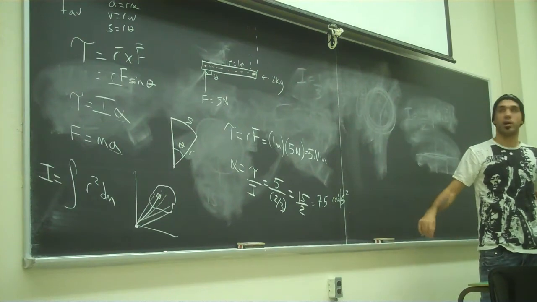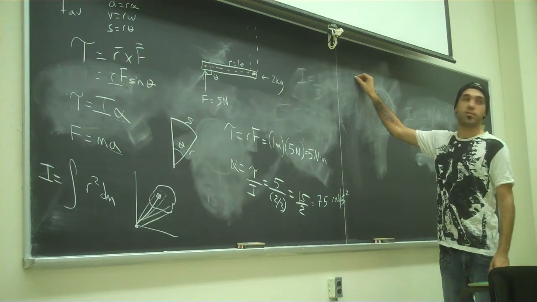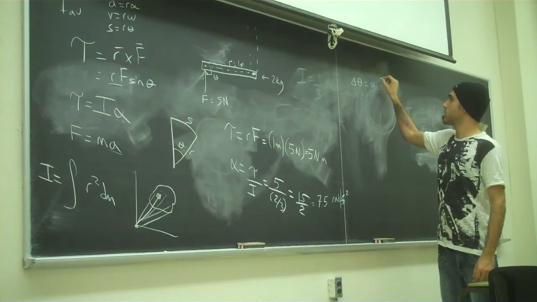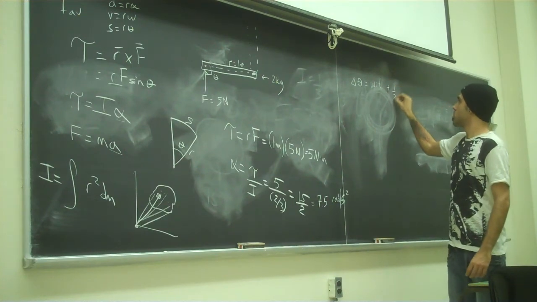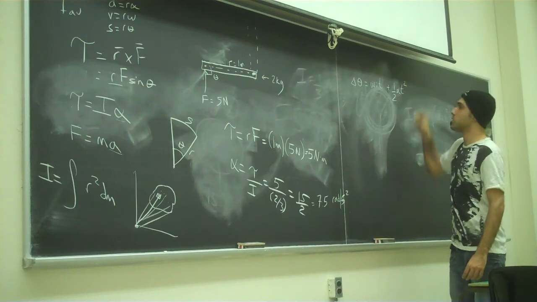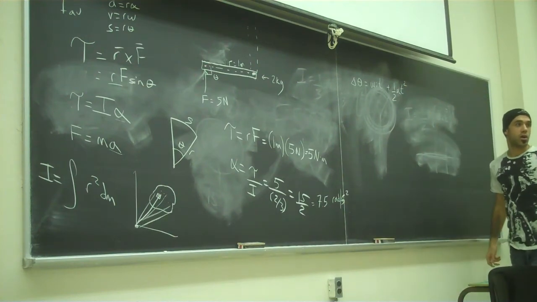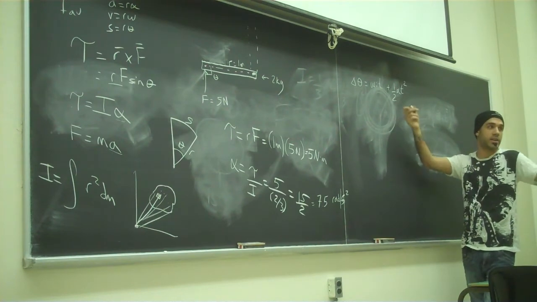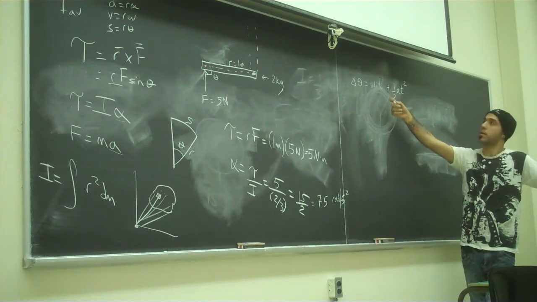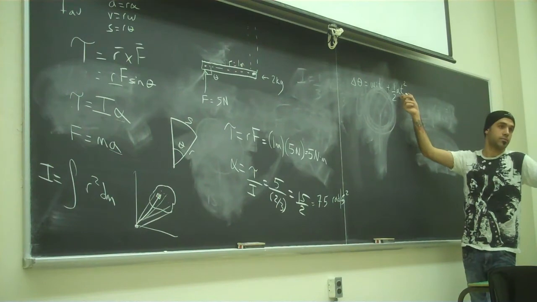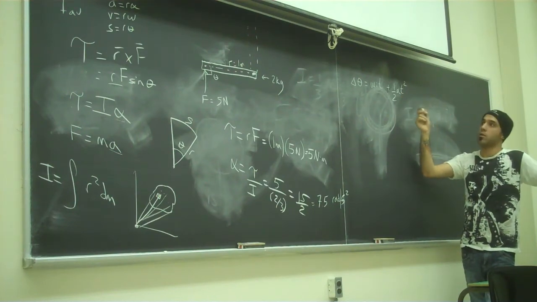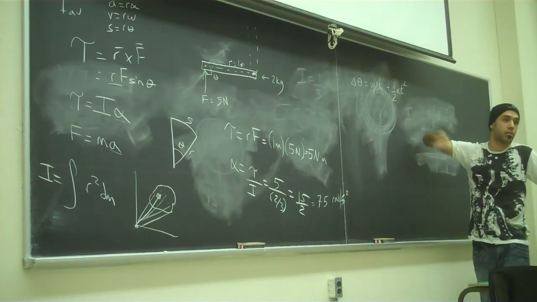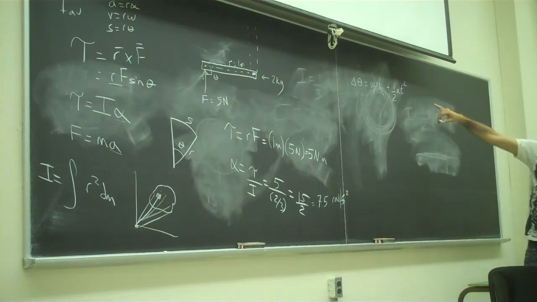So let's do that. If we have our equations of kinematics, we'll have delta theta is equal to omega initial t plus 1/2 alpha t squared, right? All it is, I took the regular equations of kinematics and replaced x by theta, v by omega, and a by alpha. Now the door starts from rest, so I can cancel out this part because omega initial is 0.